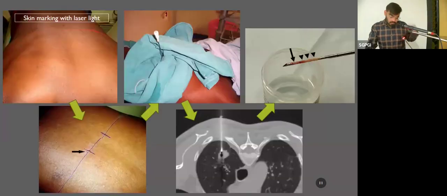In this slide, we are trying to show the steps of the biopsy procedure. First, we will ask the patient to lie down, mostly in prone position, and it also depends upon the smallest path of the lesion from the thoracic wall. Now, we will take a limited CT scan.